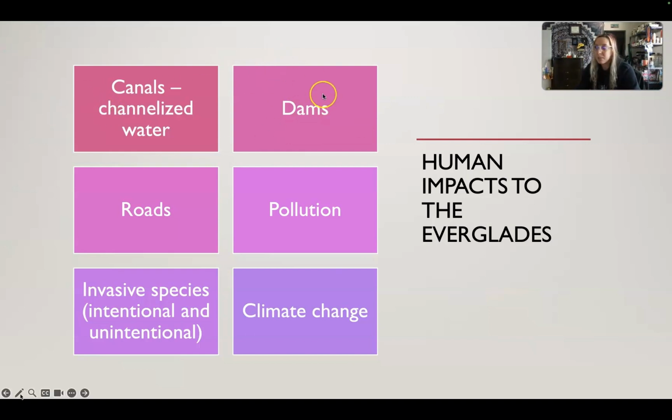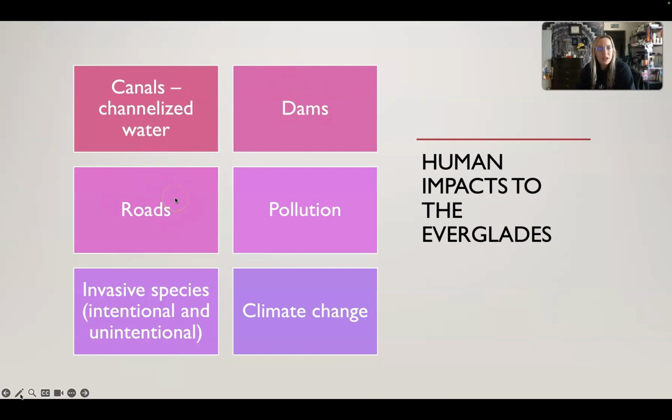Similarly for dams, dams create very deep, slow-moving water with low oxygen levels. Again, going back to this idea that various animals have adapted to living in high oxygen areas or fast-moving water, so they probably had a difficult time adjusting to these man-made systems.